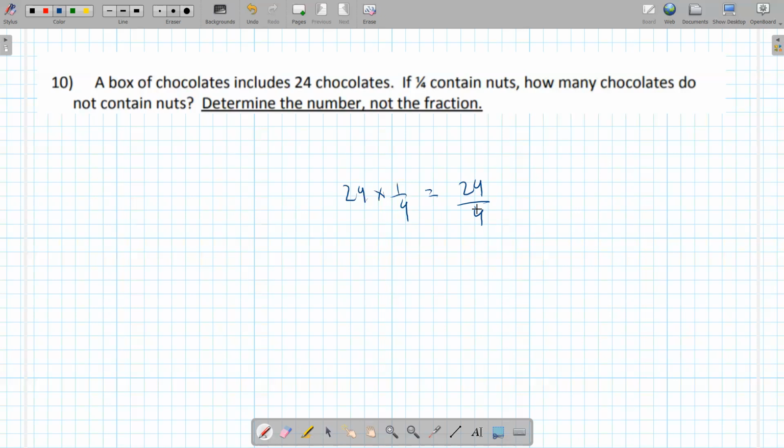It's exactly 6. 24 divided by 4 is exactly 6. If you reduce it, it becomes 12 over 2. And then do you subtract 6? Yes, you do. So 24 minus 6. So the number of chocolates that don't have nuts is 18.